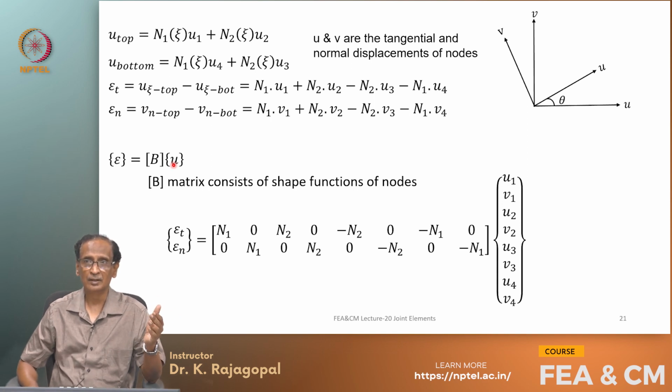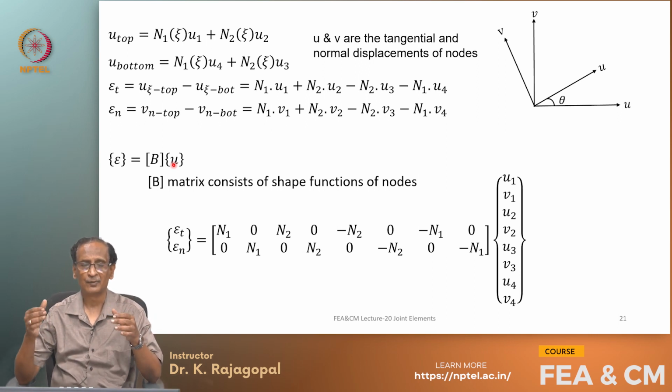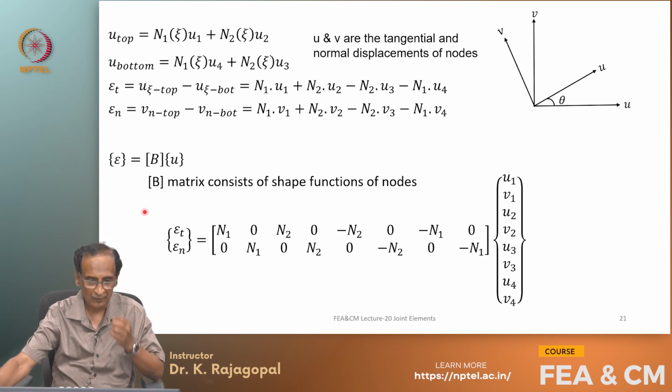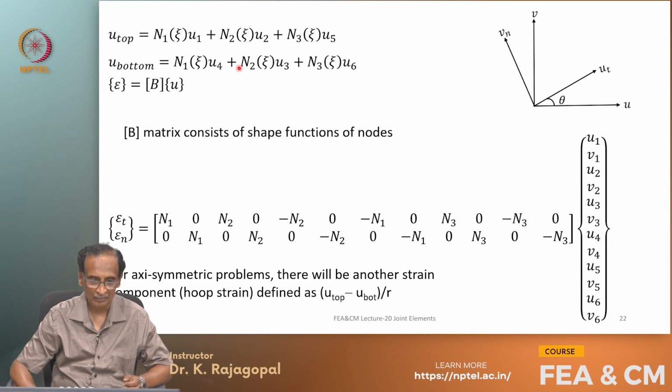In the case of continuum, the B matrix was a matrix of the shape function derivatives with respect to Cartesian coordinates, but for the joint elements the B matrix consists of only the shape functions, because now our strains are only relative displacements. These are not really strains.